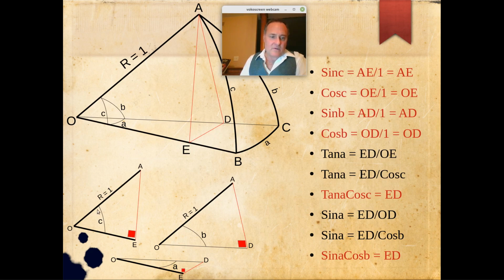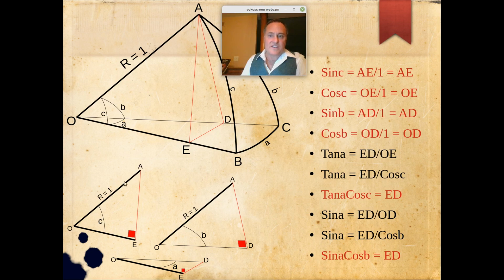I want you to see that this angle C and this right angle, and it's a right angle because it was constructed that way, remember that, allow us to make some deductions about the sides. For example, we can discover AE and understand that AE would be the sine of angle C, right?